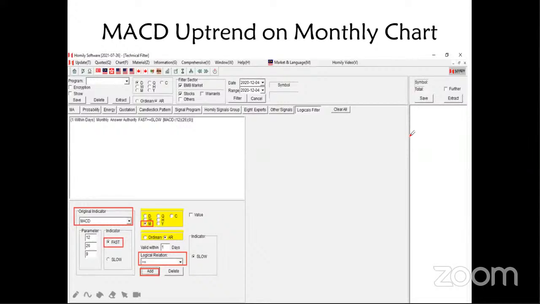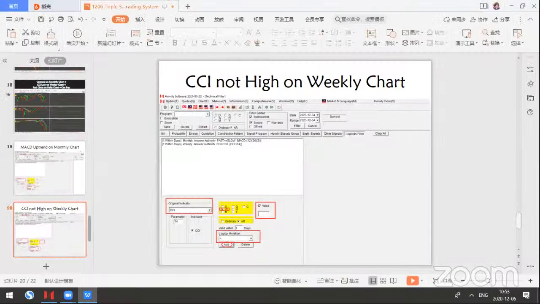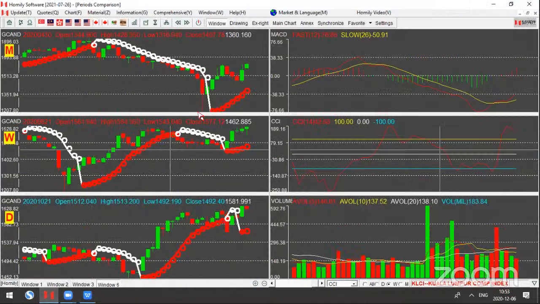Okay, so just now you asked about the filtering setting, right? So I will show you how we can make it. Then after that, we can check your shares and answer your question. Let's take a look at the setting for filtering. I will use the software to show you, and you can follow me step by step.